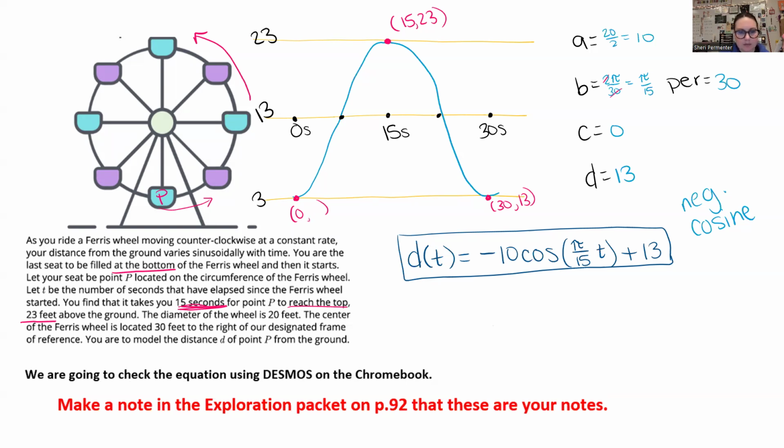Let's fix it. And then what about this point? Is this point correct? 15, 23? What should it be? That's good. What about my last point? 30, and then again, it should not be 13. It should be 3.